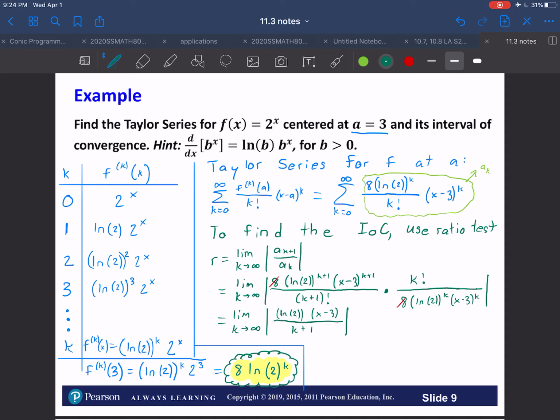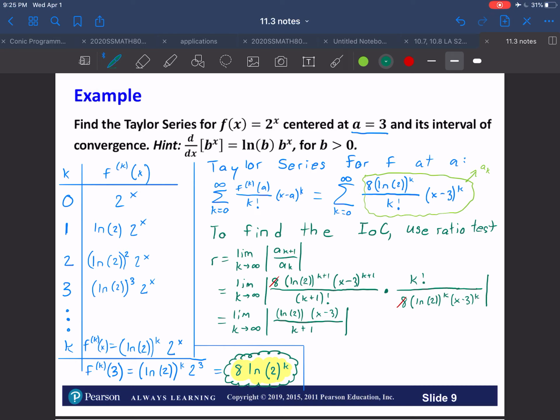All right, with this definition of our limit, notice that the only place we see a k is right here. There's no k on top, so we could actually pull this entire numerator outside. What we would then get is just the limit of 1 over k plus 1, and that limit is 0.